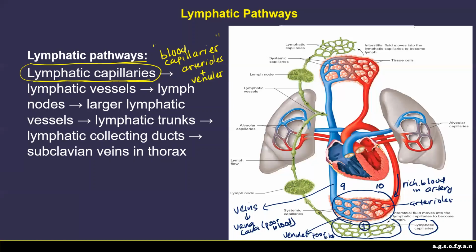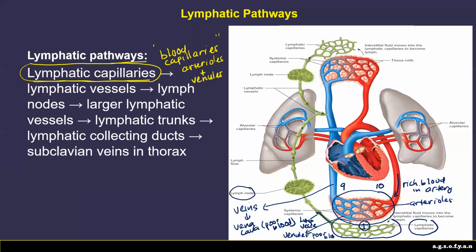The lymphatic capillaries will absorb the extra fluid from this systemic capillary and carry it. The vessel that carries the fluid now is called the lymphatic vessel, and it will carry it into the lymph node.